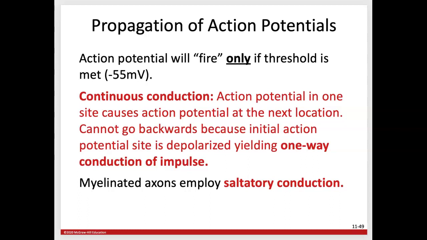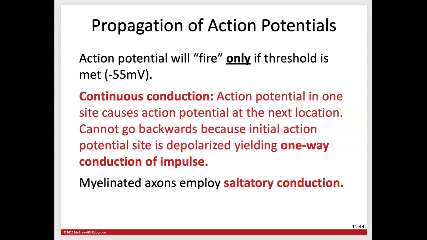A little repeat of what I've said already. An action potential will fire only if threshold is met. So only if we get enough stimuli in there to cause the overall charge to go from around -80 millivolts up to -55 millivolts.